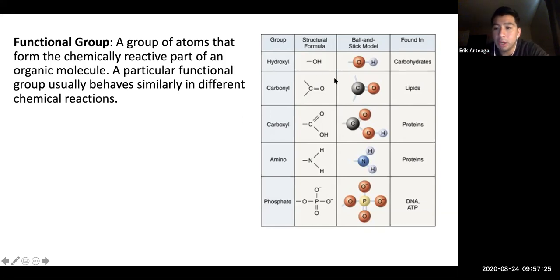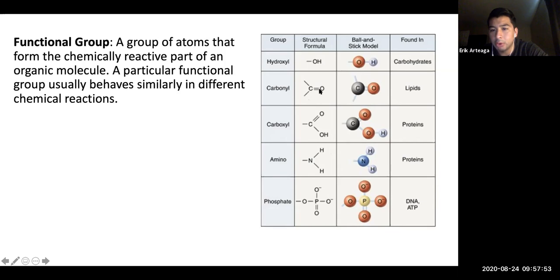And they can bind or link with other molecules, okay? So for the phosphate group, the phosphates typically make the backbone of the DNA, which we'll see in a bit. The amino group will be binding to a carboxylic acid group to link proteins together, right? So nitrogen will bind to the carboxyl group to link proteins together.